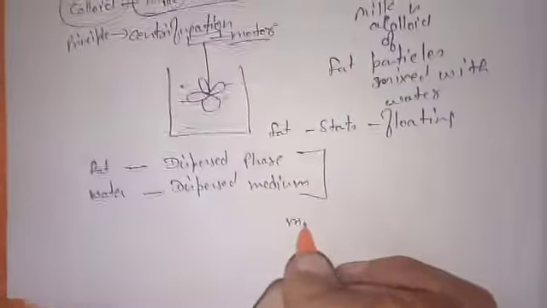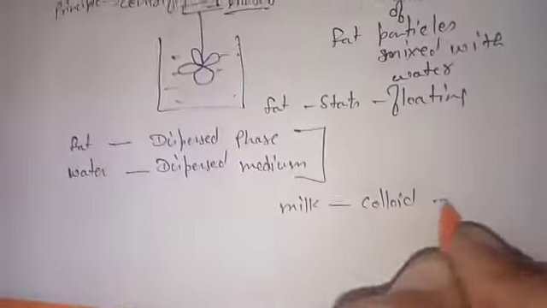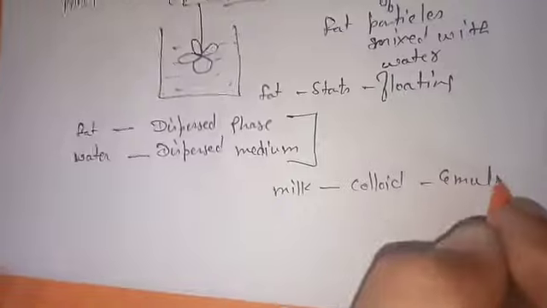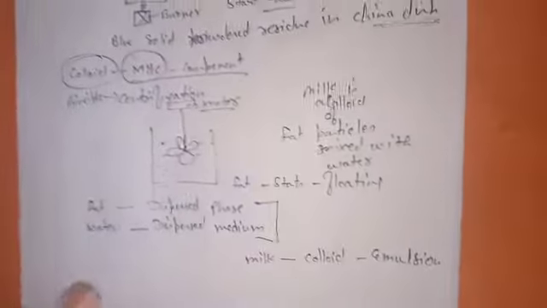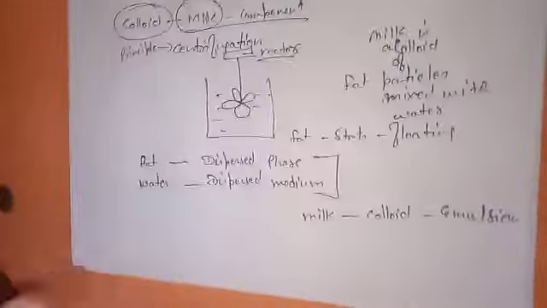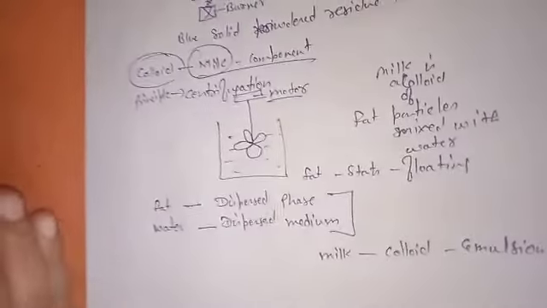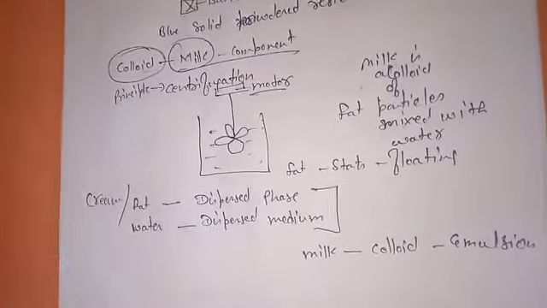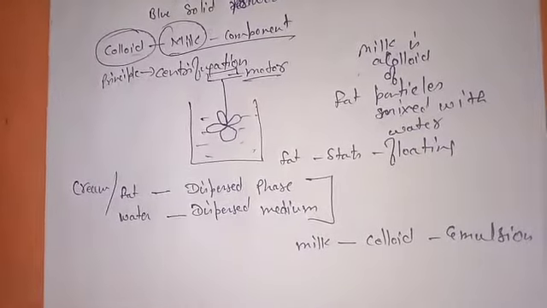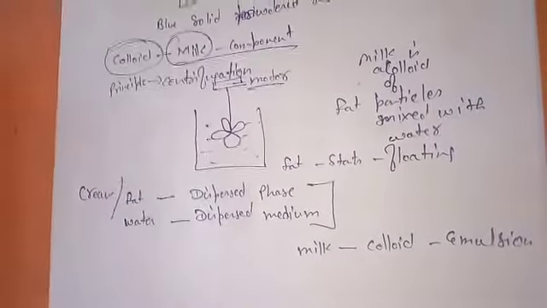As a whole, milk is a colloid of what type? Emulsion, in which fat is the dispersed phase and water is the dispersion medium. By centrifugation we can separate the dispersed phase, that is fat, or you can say cream, from the water. That's how we separate the components of milk.